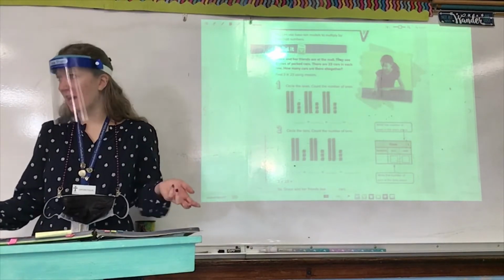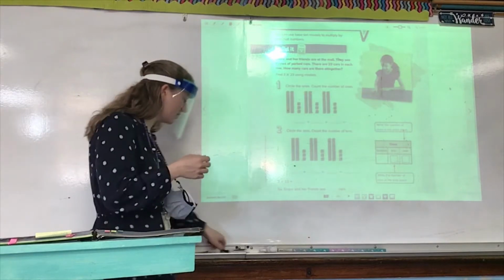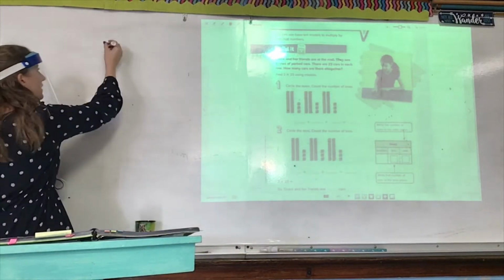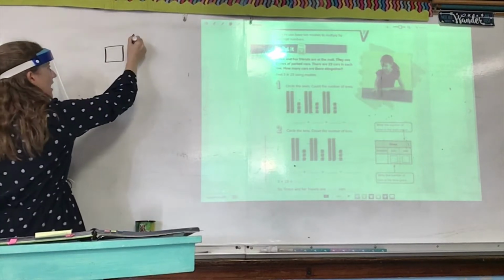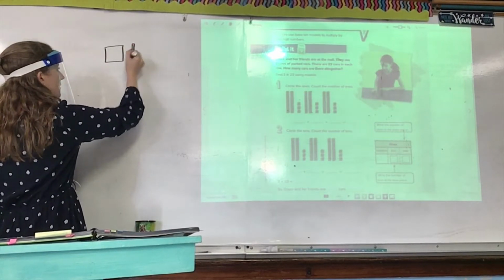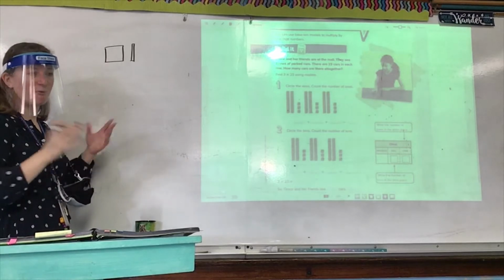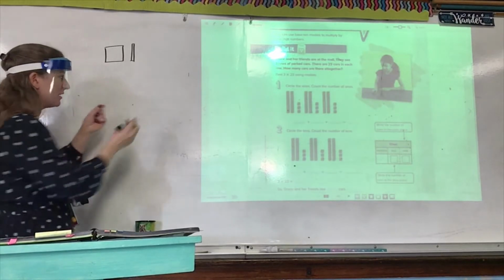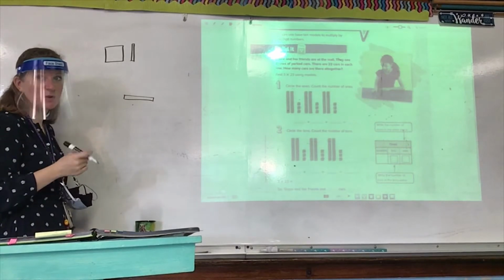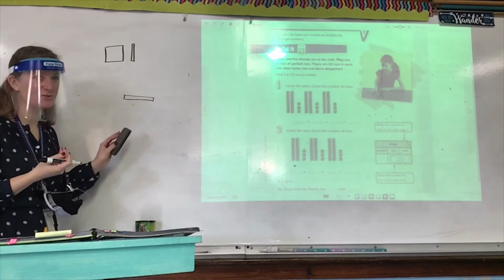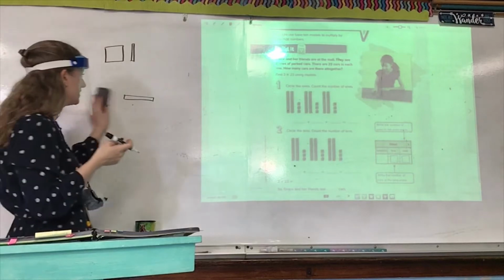But you guys know how to draw base 10 blocks. Remember, a 100 flat is a big square. A 10 rod is a skinny rectangle, a tall skinny rectangle, not a short, wide one. That's not a 10 rod. I mean, yes, you can hold a 10 rod like that, but that's not how we're going to draw it because that would take up way too much space.